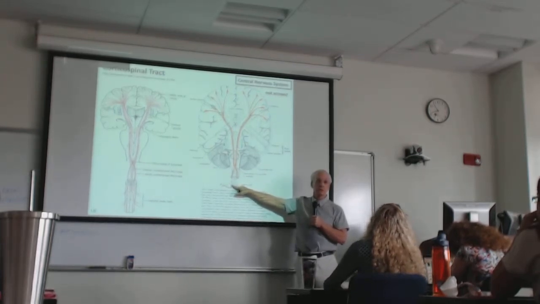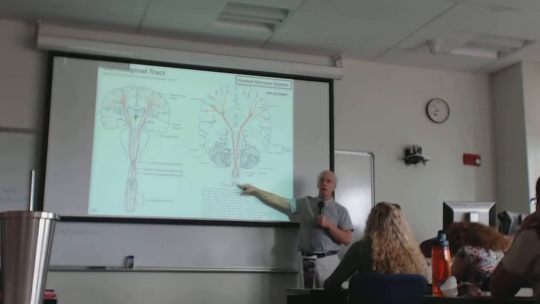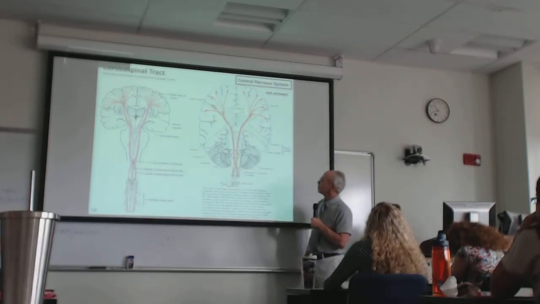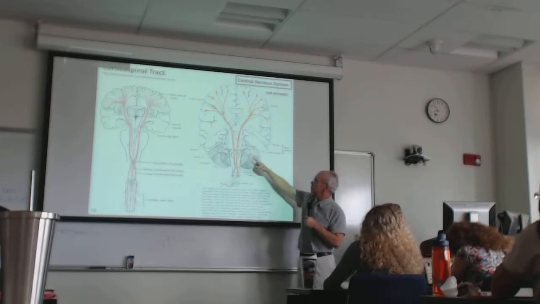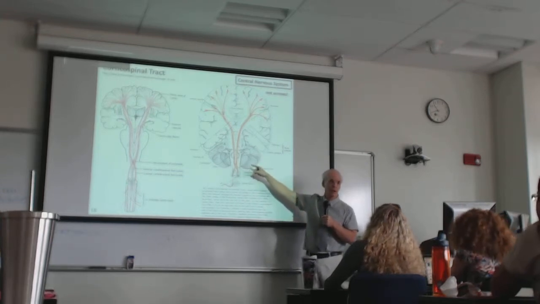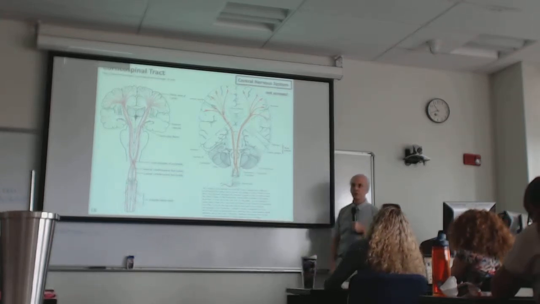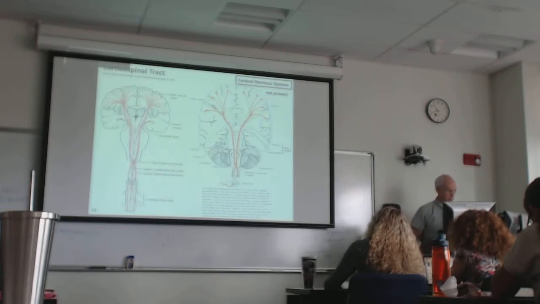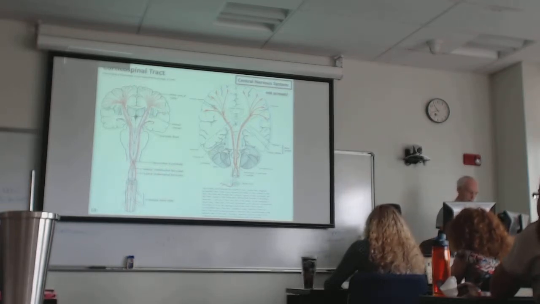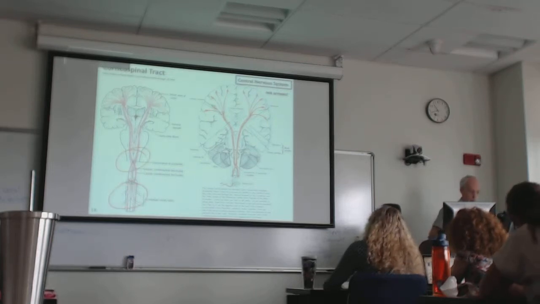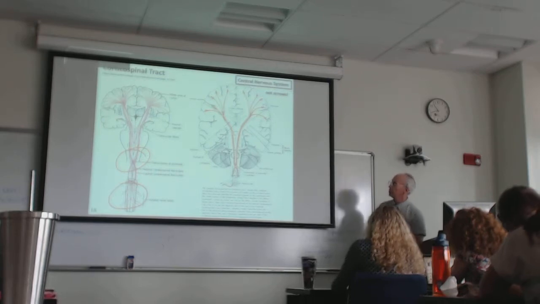Yes, on the contralateral side. This is true for the corticospinal tract. Again, about 75, 80, 85% of the time that's the way it will work. So that's all we're looking at here in both pathways. I just want you to pay attention again, and make sure you understand this distinction between the upper and the lower motor neurons.